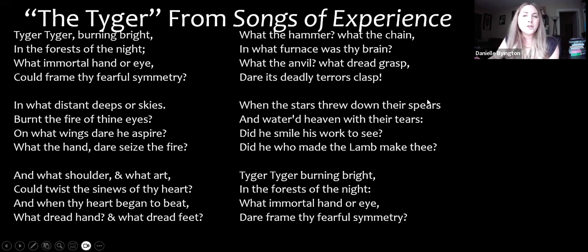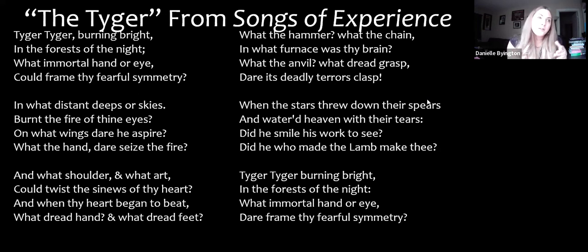"What the hammer, what the chain, and what furnace was thy brain? What the anvil, what dread grasp dare its deadly terrors clasp?" So the hammer and the chain and what furnace was thy brain, you can think of this as almost like the forging of weapons. Like if you've ever seen in movies or TV shows or in real life, a demonstration of blacksmithing tools or weapons, let's say a sword.